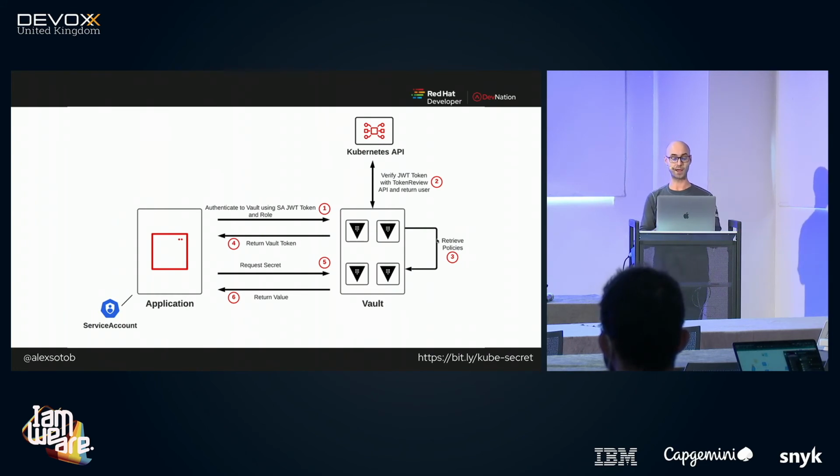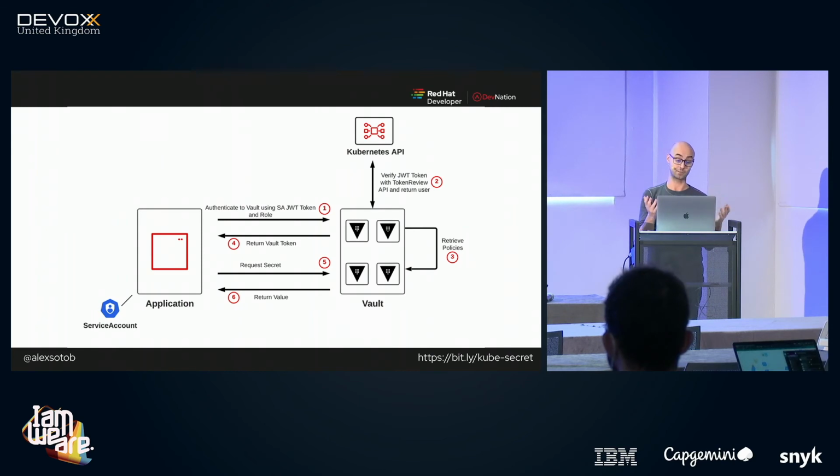So I retrieve what this user can do. For example, whether it has access to these secrets or not. Because at the end, what you want to do is get a secret. And to know if you can get that secret, you need to check the mapping in your policies. If you don't have the policy for getting this secret, then you will get an error.